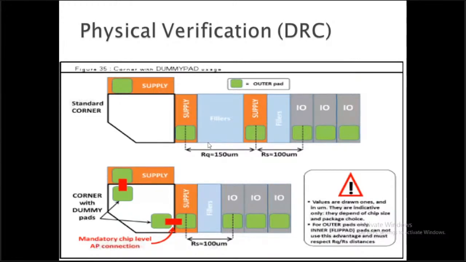Every fab, with regard to the technology, generates one deck. A deck is basically a set of rules where they define the physical information. So the width of the metal layer should be this many micrometers, or the distance between two pad pins should be 150 micrometers, or the distance between the supply and the IO pin should be 100 micrometers. We have to follow all those things.